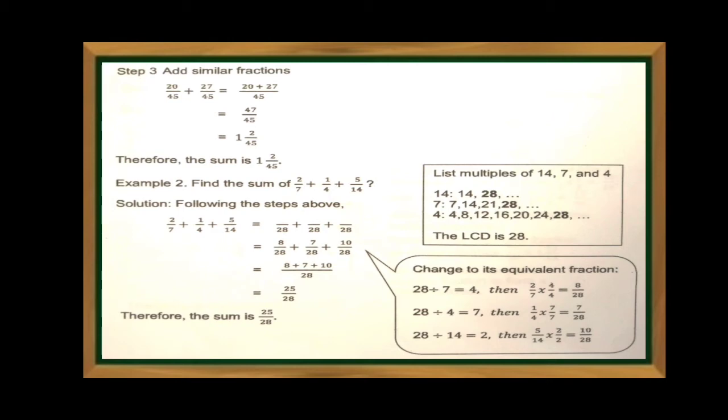Then follow step 3, wherein you are going to add similar fractions. So 8 plus 7 plus 10 equals 25, and their total is 25 over 28. Therefore, the sum is 25 over 28.